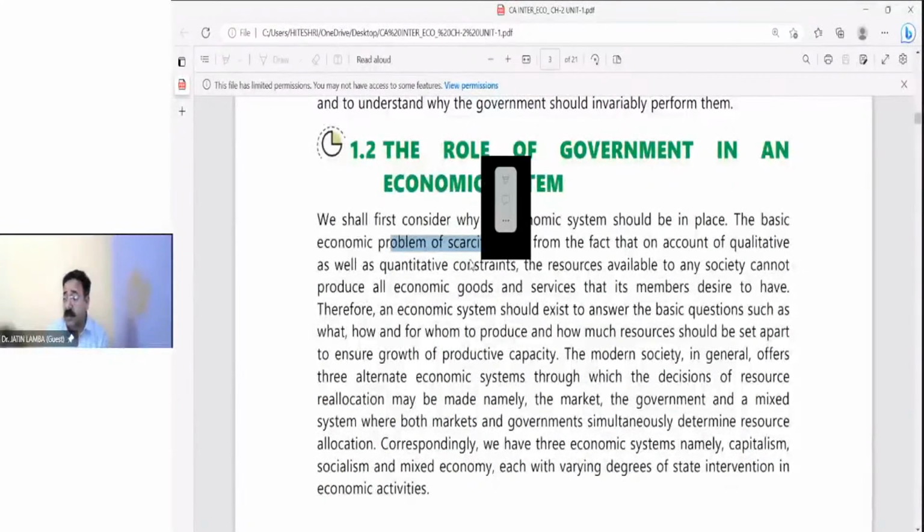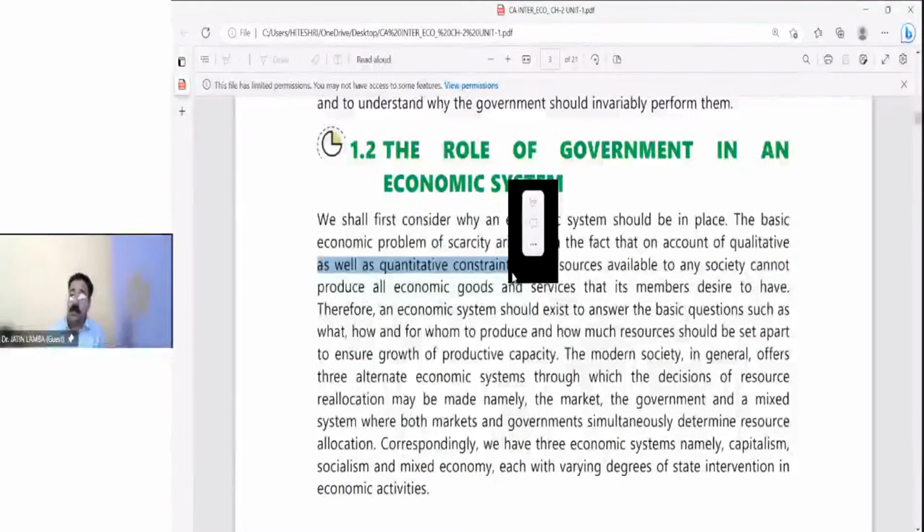the problem of scarcity, meaning resources are limited, right? So every economy, whether it is a developed economy, developing economy, or underdeveloped economy, all the economies are facing the problem of scarcity of resources, because resources will always be scarce, limited in front of human wants, right? The problem of scarcity arises from the fact that, on account of qualitative as well as quantitative constraints, both are limited.